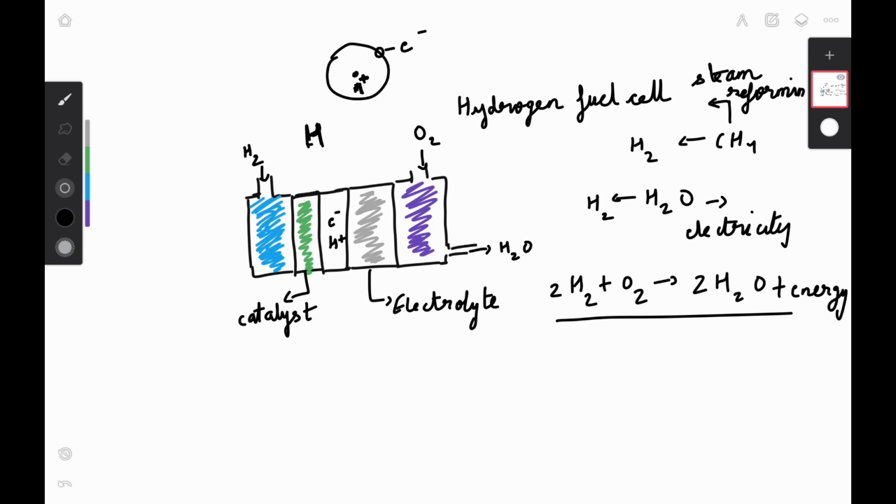Fine. Now this membrane or electrolyte, which is a solution, is semi-permeable. It allows the H plus ions to pass through it, but it does not allow the electrons to pass through it. Fine. And here we have O2.